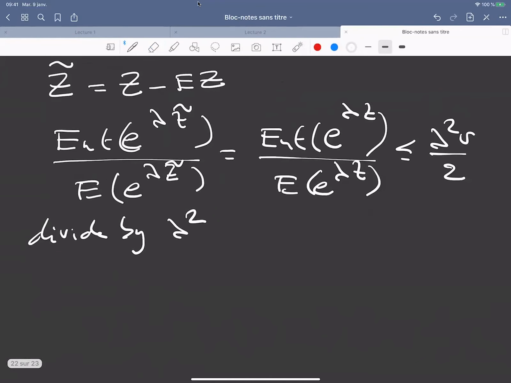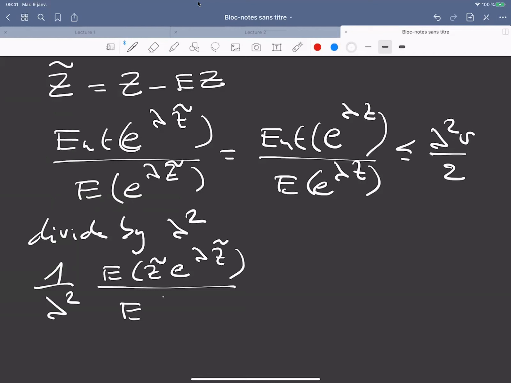What you get is 1 over lambda square, expectation of Z tilde times exponential of lambda Z tilde over expectation of exponential lambda Z tilde, times lambda.